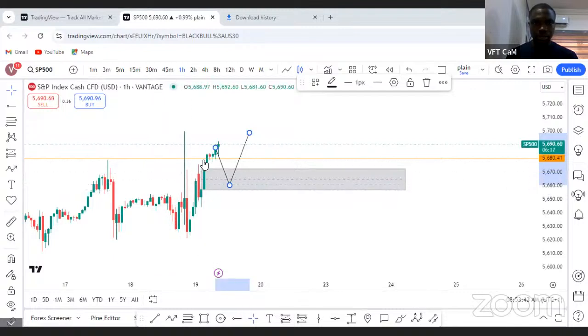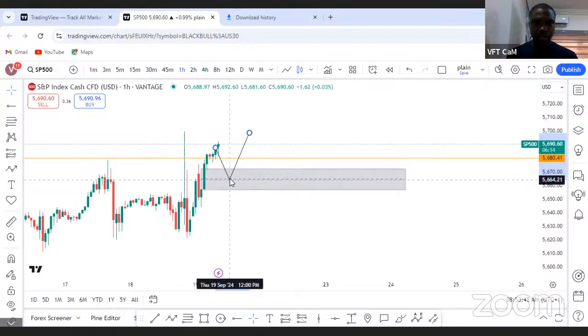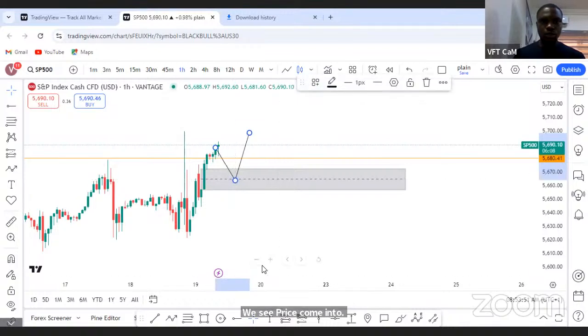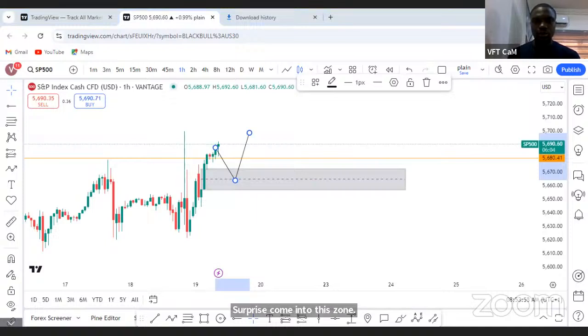We'll see price come into this zone for us to take advantage of it, right?